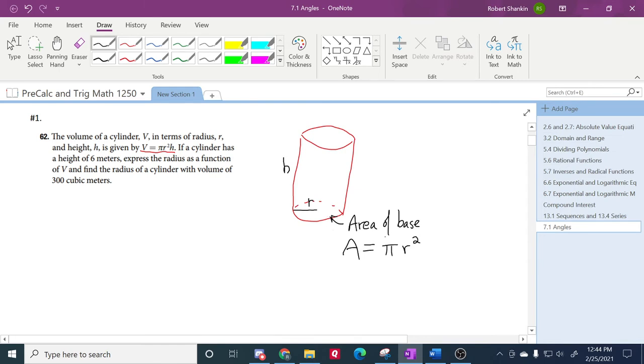Now, this is not only the area of the base, but it's also the volume, because it's how many squares are, like if you divided this up into rectangles and counted the rectangles, you would be getting pi r squared as the area, how many rectangles there are.